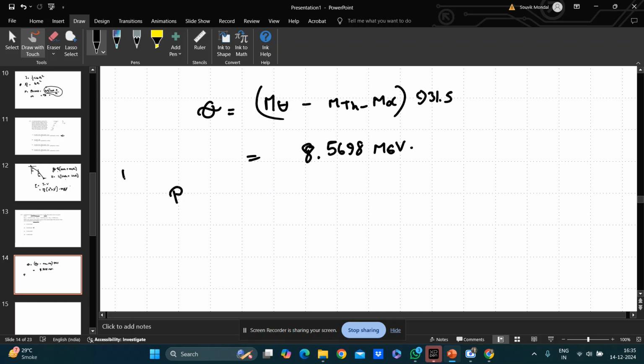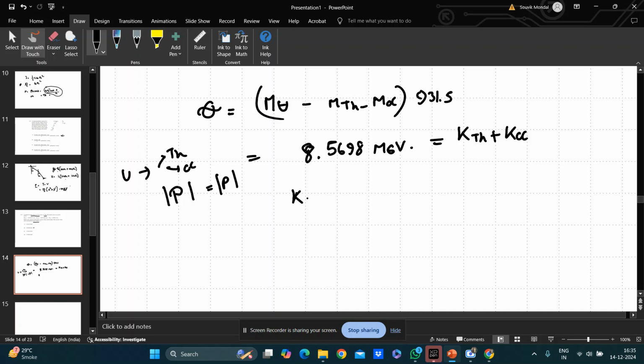So go with momentum conservation and energy conservation. Initially the uranium is at rest and it will go to thorium and alpha, so the momentum will be conserved, the magnitude of momentum will be the same. The Q value is the kinetic energy of thorium plus the kinetic energy of alpha.